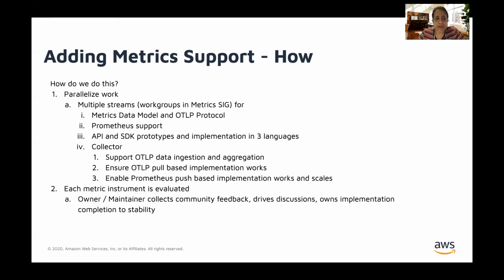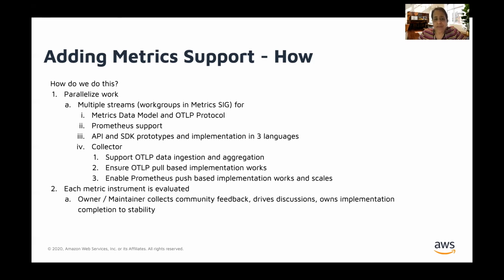The third stream is focusing on API and SDK prototyping and implementation in the top 3 languages. The fourth area is the collector, ensuring that there is OTLP data ingestion and aggregation, ensuring the OTLP pull-based implementation works, and enabling the Prometheus pull-based implementation to scale, also at work in parallel.